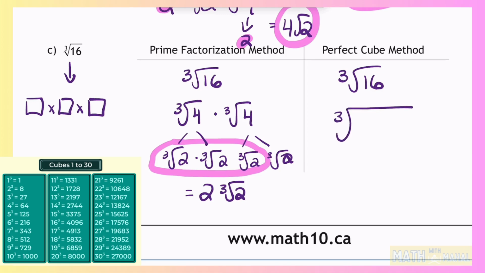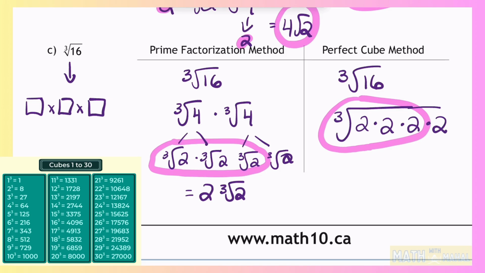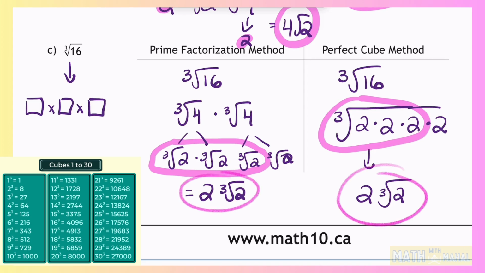So for something like this, I know that I can go 2 times 2, well that's going to be 4, times that by 2 is going to be 8, times that by 2 again is going to give me the 16 I'm looking for. Now it's a cube root, so I just need to group 3 of these. That's going to give me 2 on the outside plus the remaining leftover of cube root 2. So as we can see with both of these, we're getting the exact same answer.